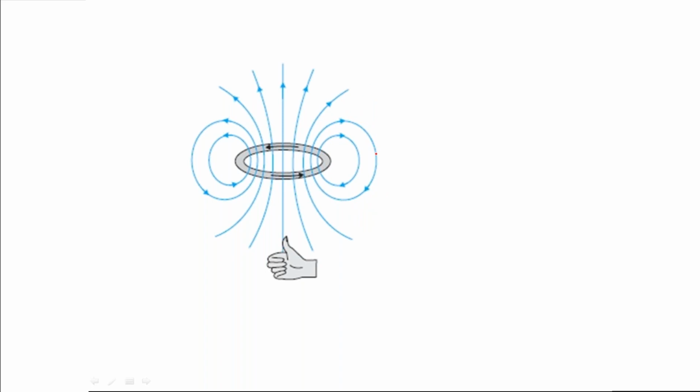Each current carrying loop will act as a source of magnetic field, or in any magnetic material there will be an intrinsic magnetic dipole, just like your electric dipole, which will create a magnetic field. In case of magnetism, there is no monopole, in the sense there is no single magnetic charge.